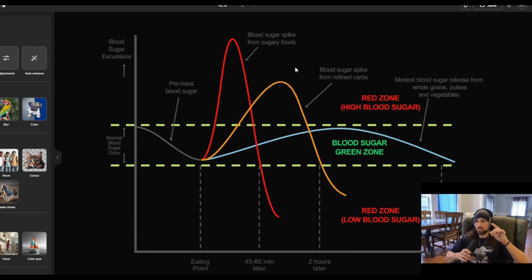Now, this will lead into the fat video, but when you can get this to sit down here, your body will start to ramp up its ability to use fat as fuel for other functions in the body, and it helps your body metabolize the actual fat on it if you can manage this blood sugar.